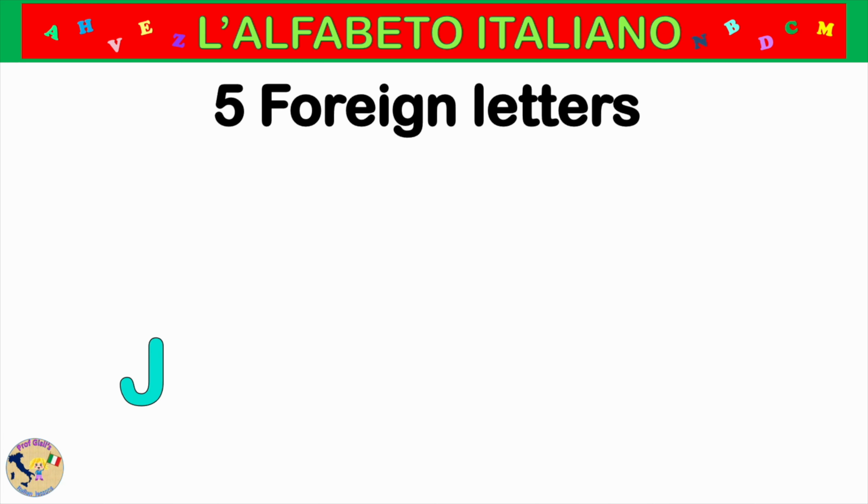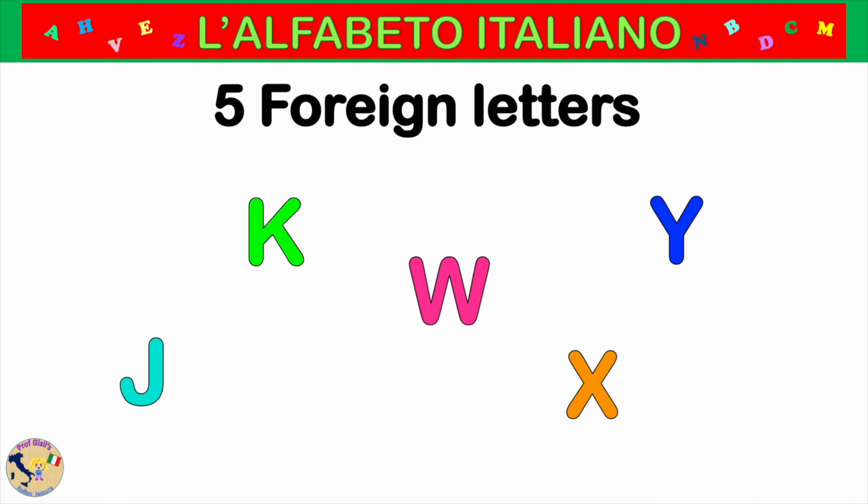In the first lesson, I mentioned that the Italian alphabet includes 5 foreign letters: I lunga, K, W, X, and Y. But the truth is that some of these so-called foreign letters once survived the transition from vulgar Latin to Italian regional dialects and eventually entered the Italian language too. So letters K, Y, and X were regularly used up to the Middle Ages.